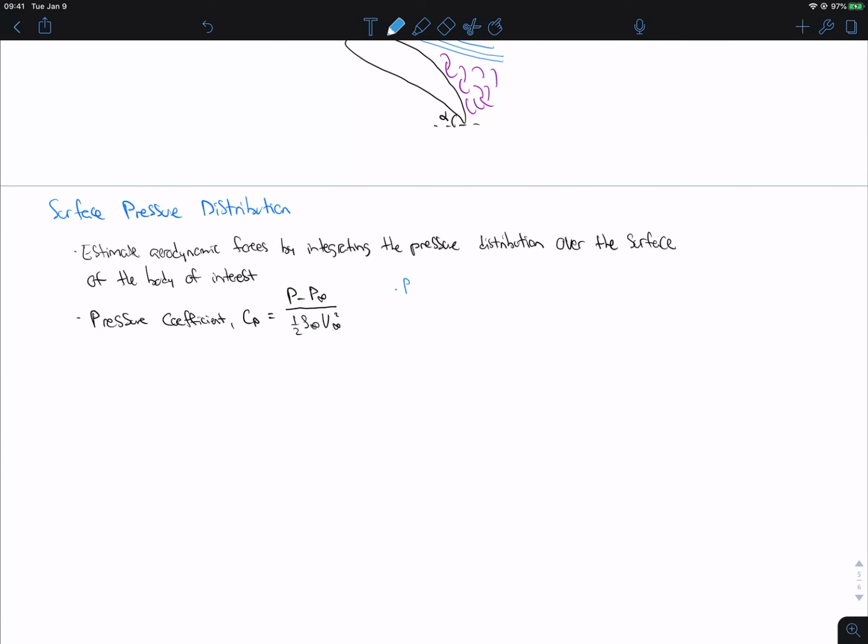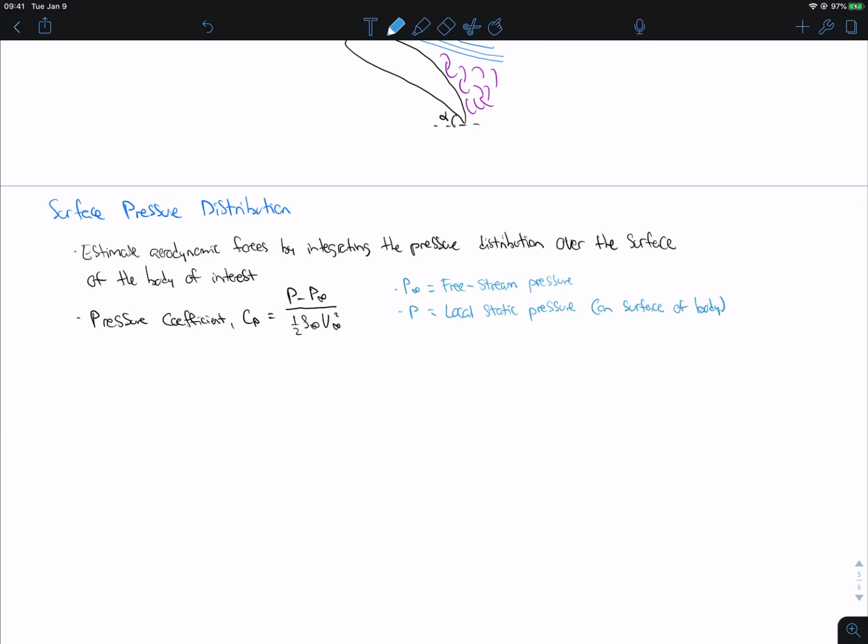So again, P infinity, that's the free stream pressure, and then P is the local static pressure. And I'm also putting right there on the surface of the body.